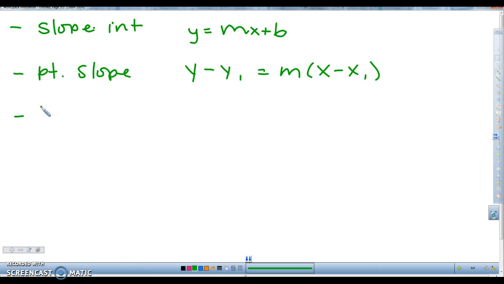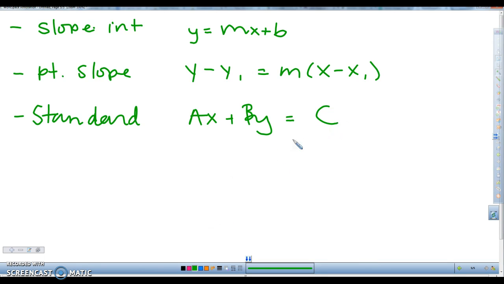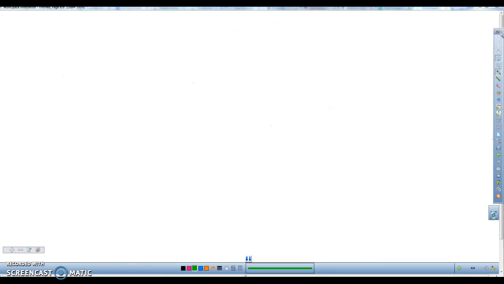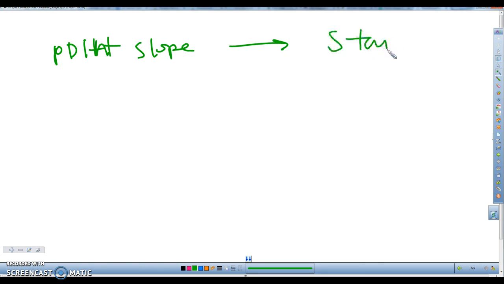And then our standard form is ax plus by equals c, okay? And I want to be able to move through these different things and transform from one kind to the other, okay? So let's go ahead and practice going from point slope form to standard.